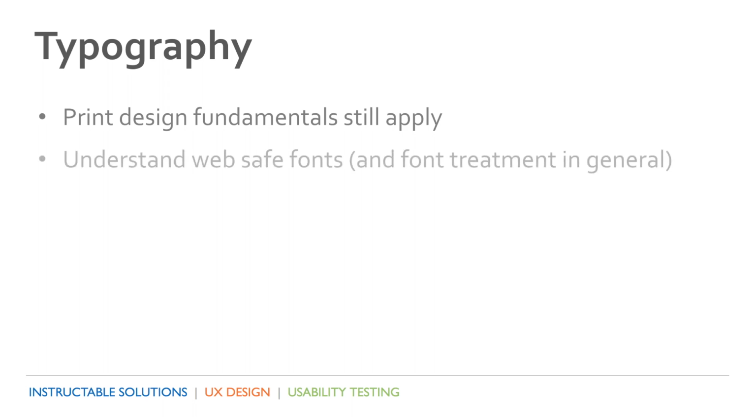We do also need to understand that not all fonts can be utilized or look great on a digital screen. There are better fonts for digital screens that can read better on smaller, medium, large size screens. So make sure you do your research and determine the best application for the fonts that you're handed.